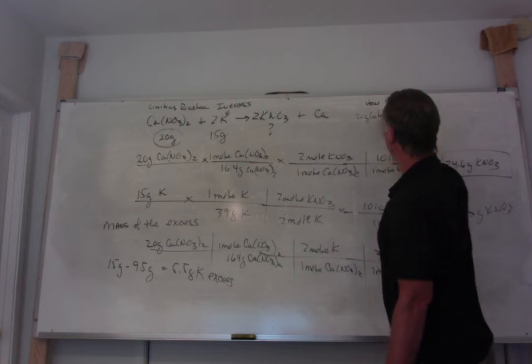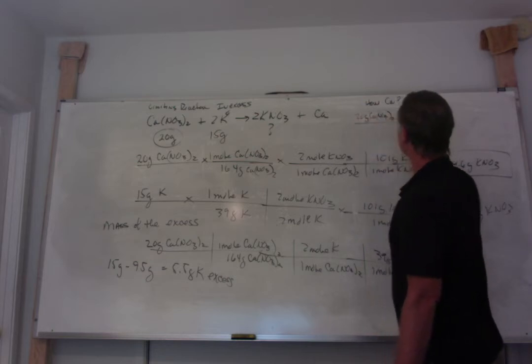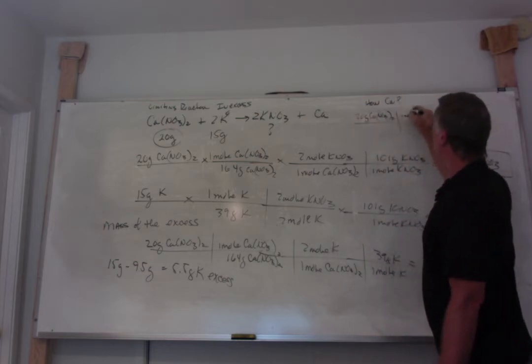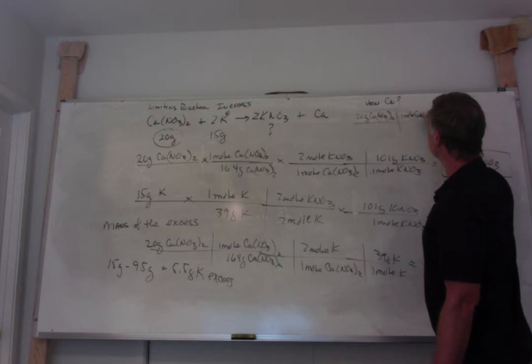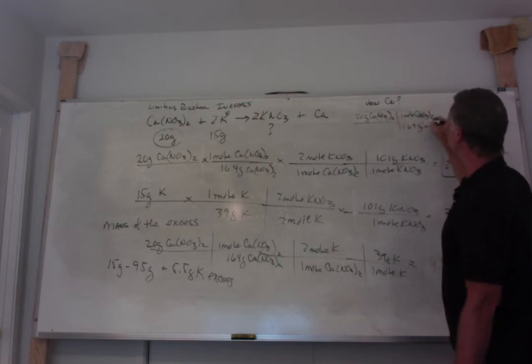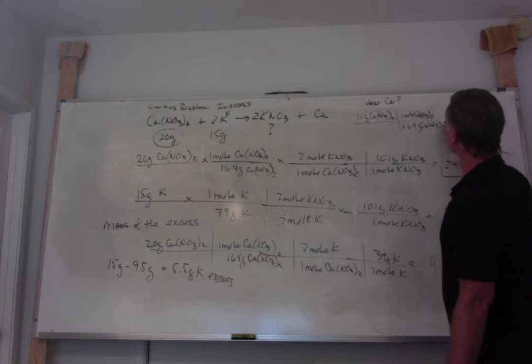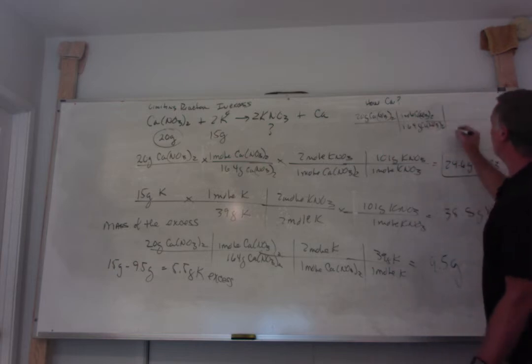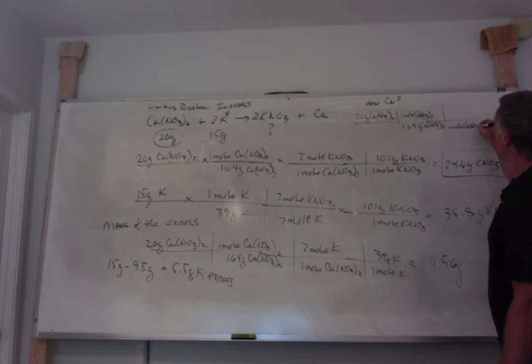We're going to go through the whole stoichiometry again. And 1 mole of calcium nitrate is that 164 grams. And there is 1 mole of calcium nitrate for every 1 mole of calcium, and 1 mole of calcium is 40 grams.